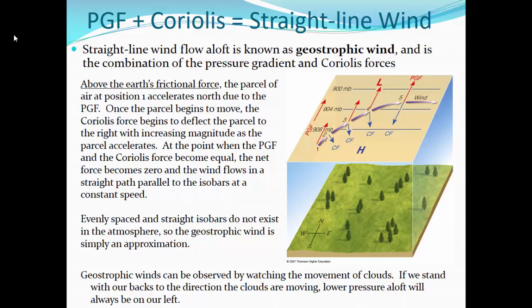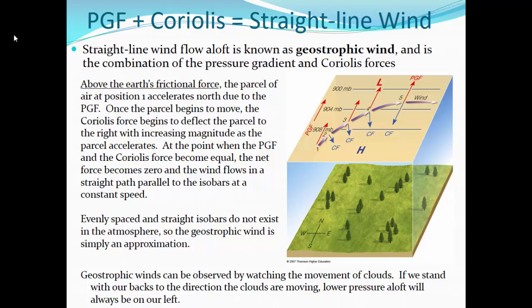So at position 1, the parcel begins to accelerate north. As it begins to move and as the parcel increases in speed, the Coriolis force increases in magnitude or in strength at a right angle to the wind direction. So it pulls it a little bit to the right to position 2, and you can see that the Coriolis force is a short blue arrow. The red arrow of the pressure gradient force remains the same because the pressure gradient doesn't change.